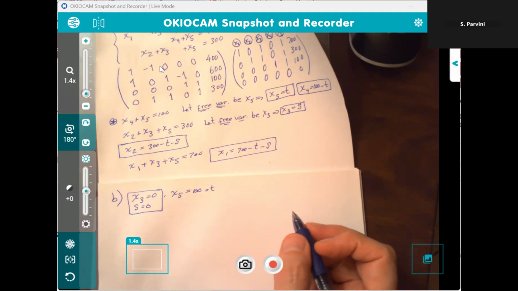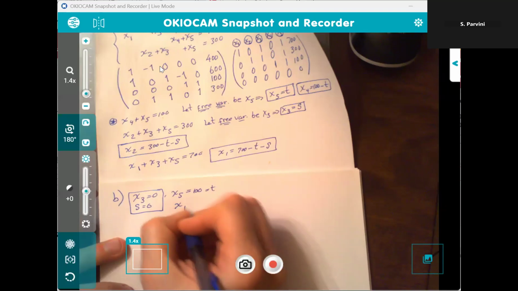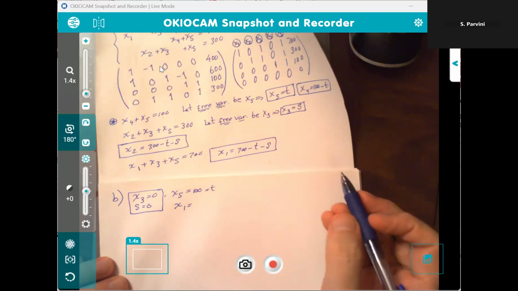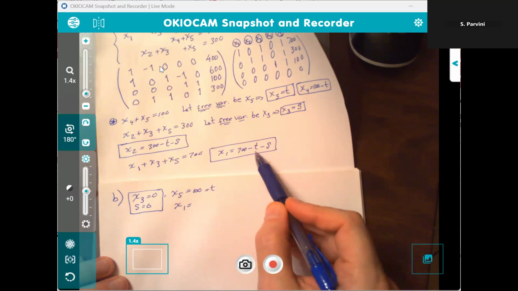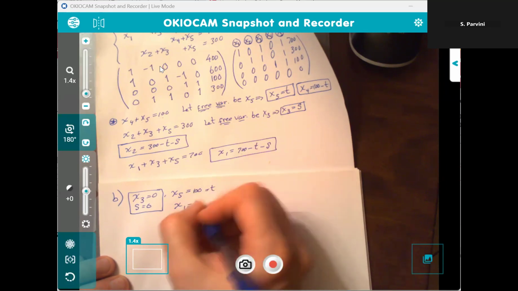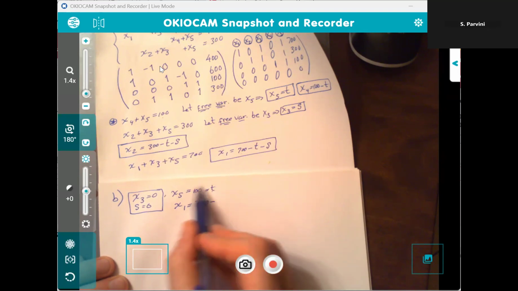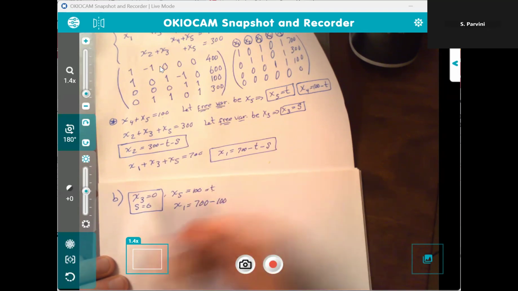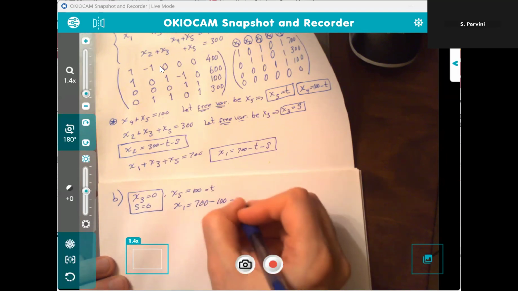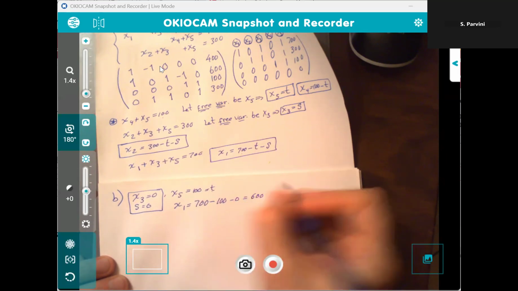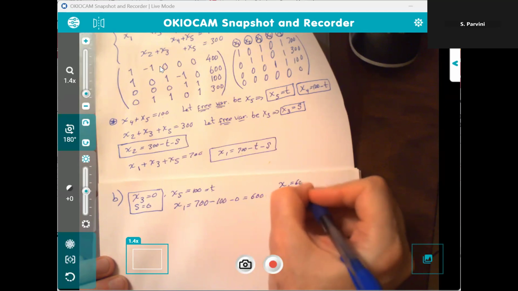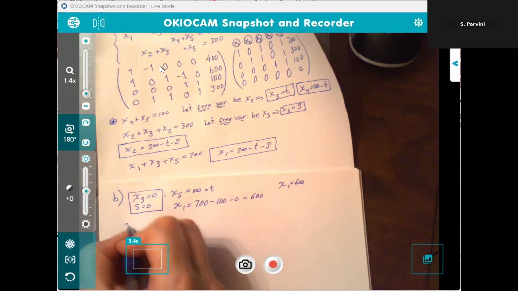So find the traffic flow. In other words, we need to find what x sub 1, what x sub 2, and what x sub 4 are going to be. What will x sub 1 be? X sub 1? 700 minus t minus s. Exactly. And t is 100, and s is 0. So that would be 600. X sub 1, 600. What about x sub 2?